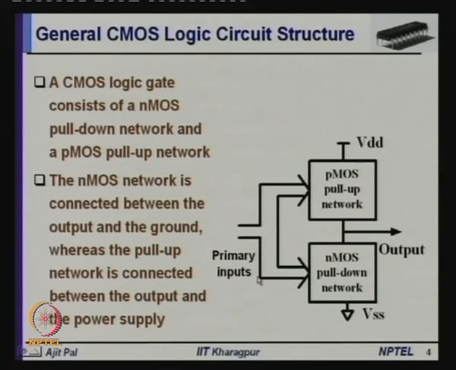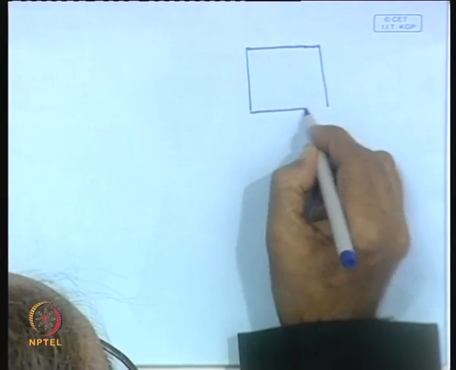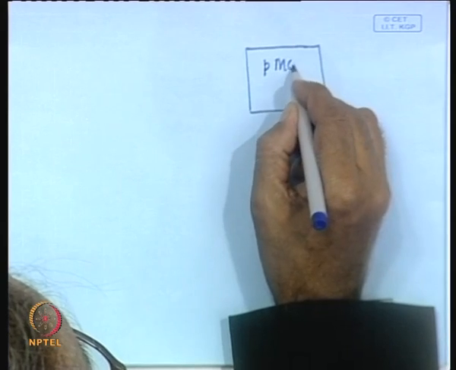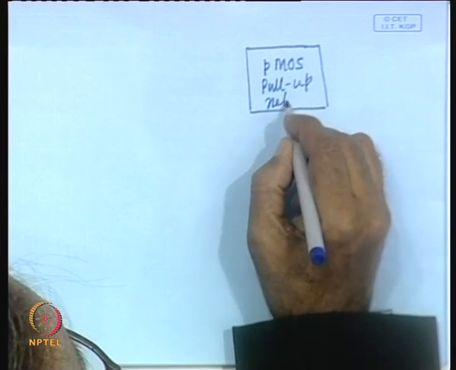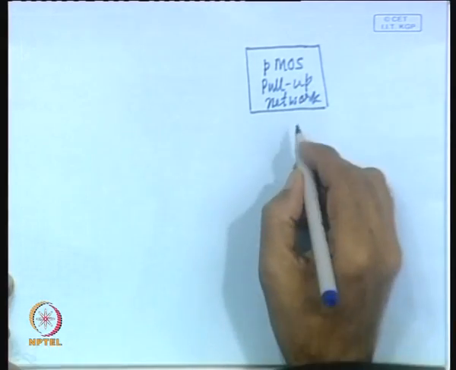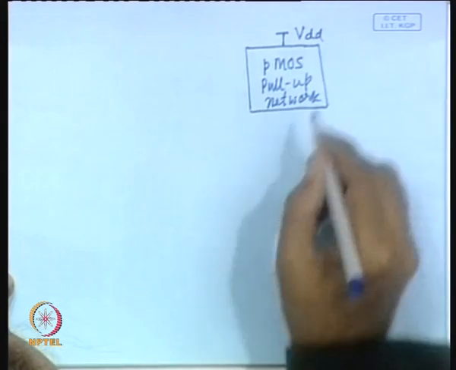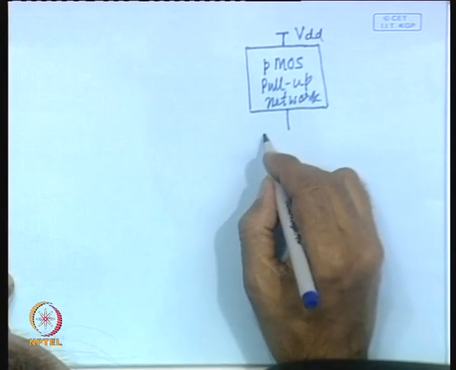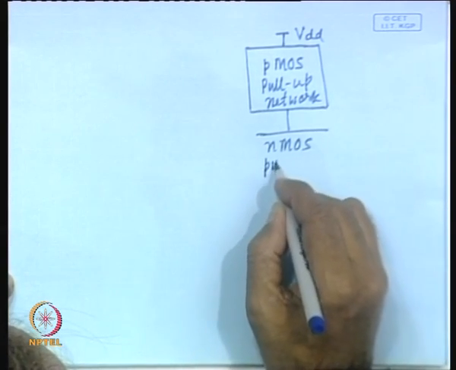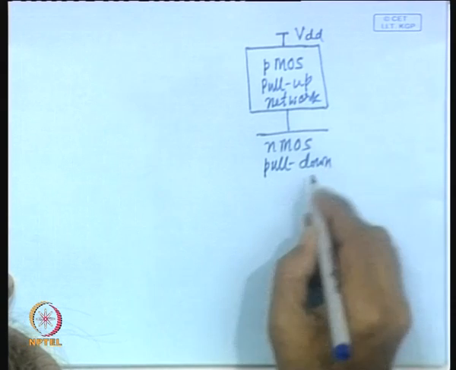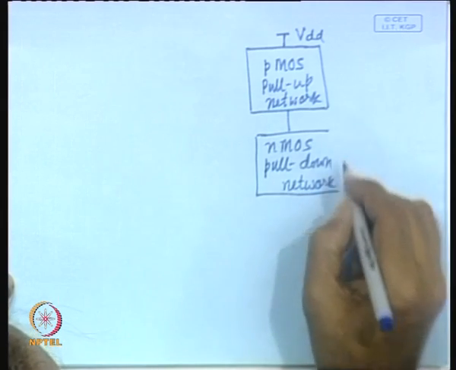So that you have a PMOS pull up network, which is connected to the supply voltage VDD, and you have an NMOS pull down network which is connected to ground.